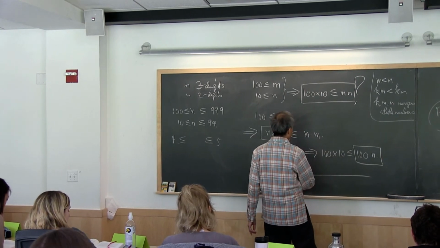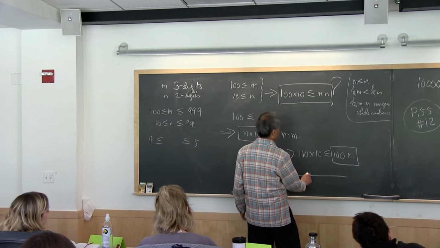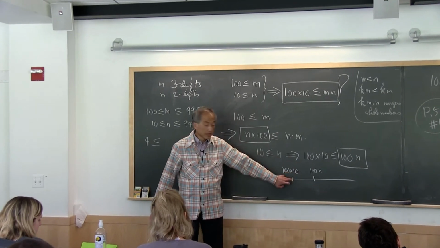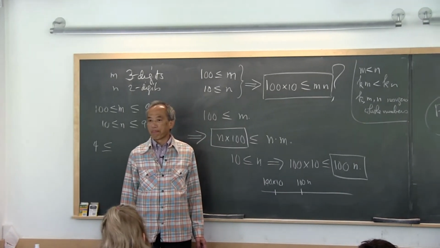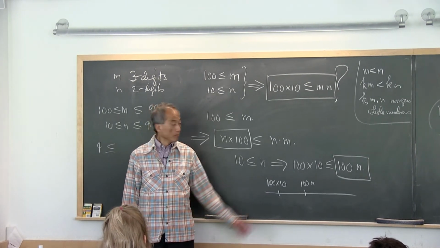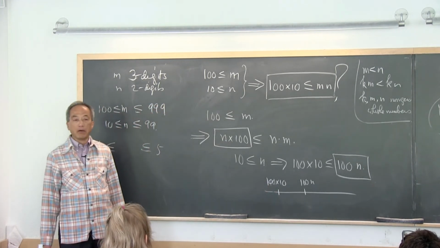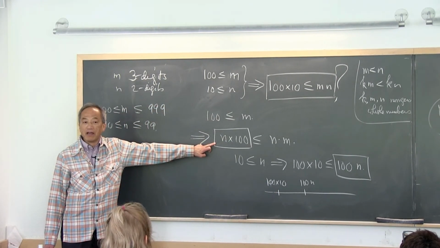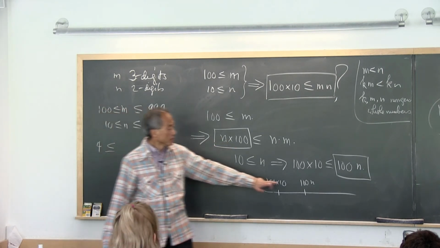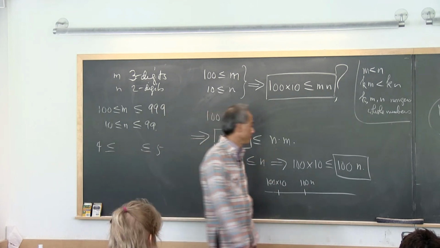This is 100 times 10. This here is 100 times 10, correct? That's what this says. This leads to this. What about this? This says what? This number, which is here, is to the left of that, and that's it.